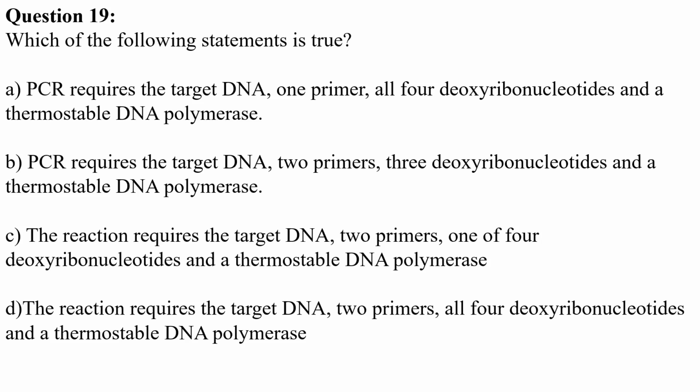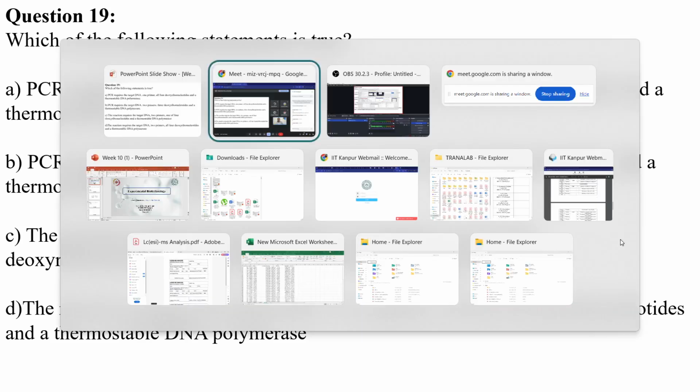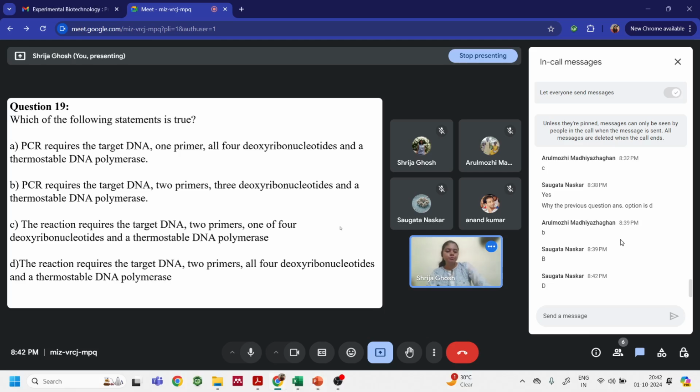Option B, PCR requires the target DNA, two primers, three deoxyribonucleotides, and a thermostable DNA polymerase. Option C, reaction requires the target DNA, two primers, one of the four deoxyribonucleotides, and a thermostable DNA polymerase. And option D, reaction requires the target DNA, two primers, all four deoxyribonucleotides, and a thermostable DNA polymerase. Which of the following statements is true?